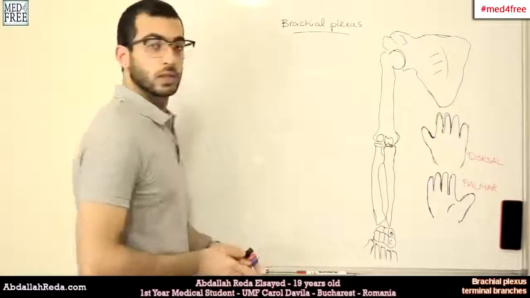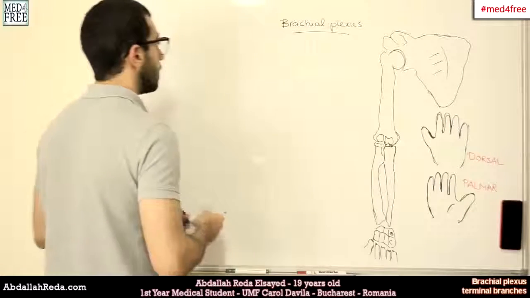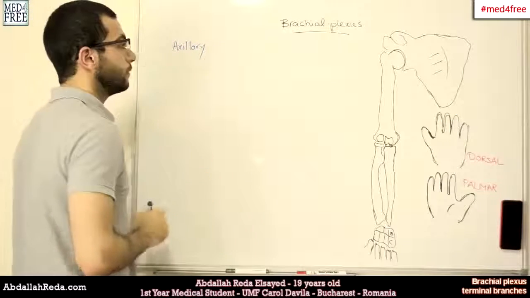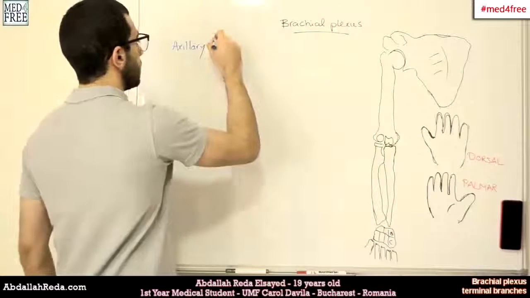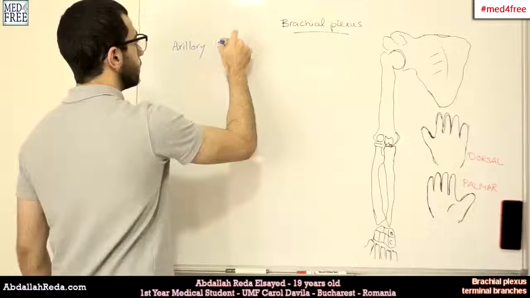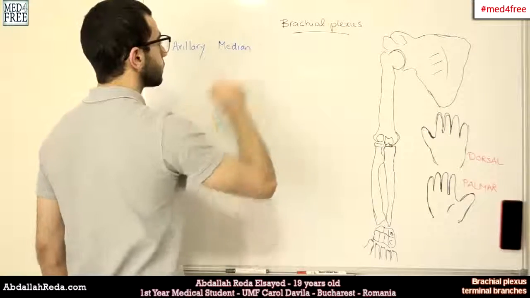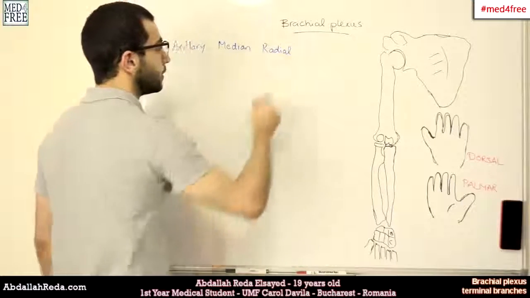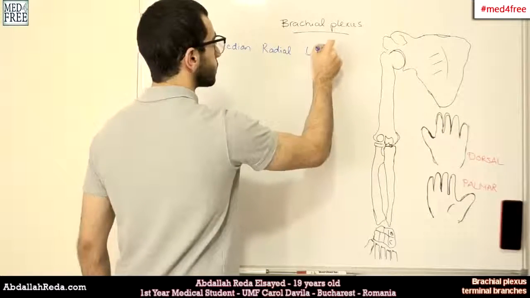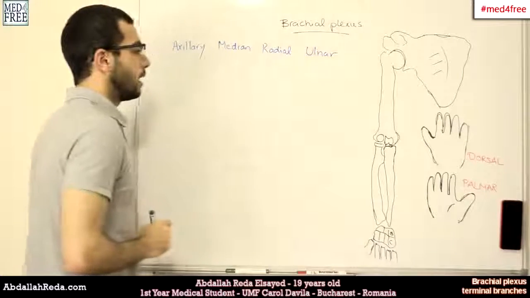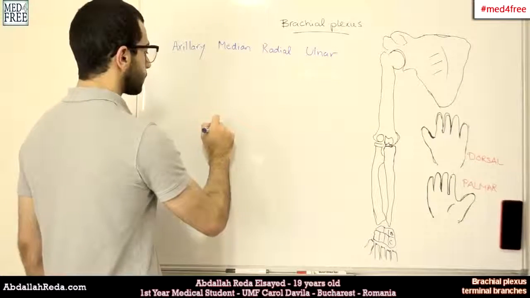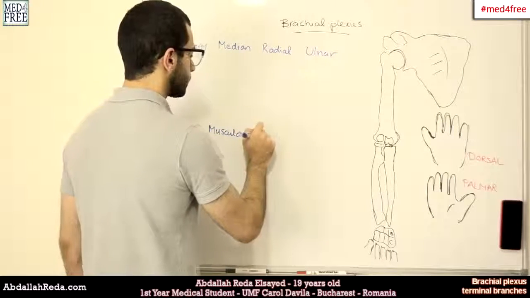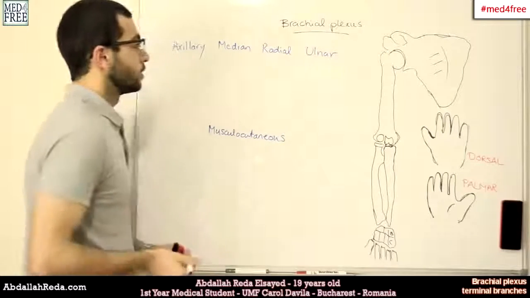So the branches that we're going to talk about today are the axillary nerve, the median nerve, the radial nerve, the ulnar nerve, and the musculocutaneous nerve.